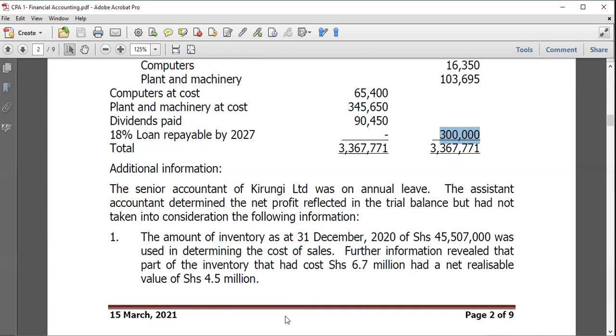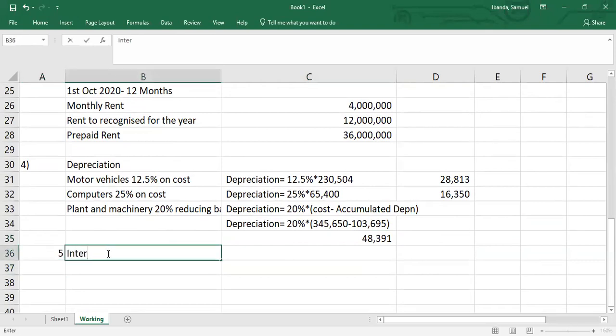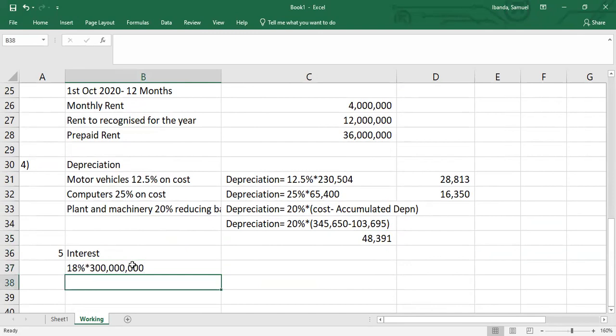So I'll just come here on my working, maybe this is working 5, and say interest, which is 18% times the 300, it's basically 300 million because of the degree of precision there.